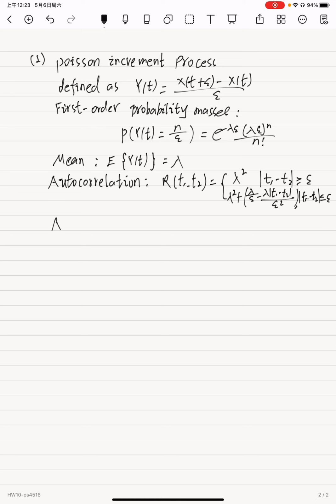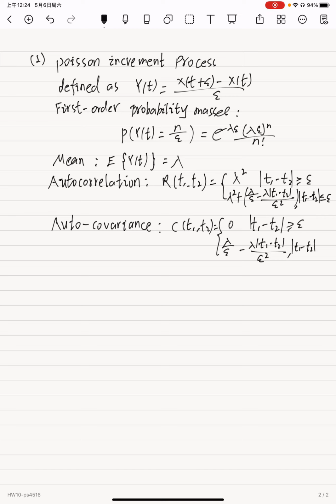And the autocovariance C(t1, t2) equals 0 when |t1 minus t2| is larger than or equal to epsilon, and equals lambda divided by epsilon minus lambda |t1 minus t2| divided by epsilon squared when |t1 minus t2| is less than epsilon.